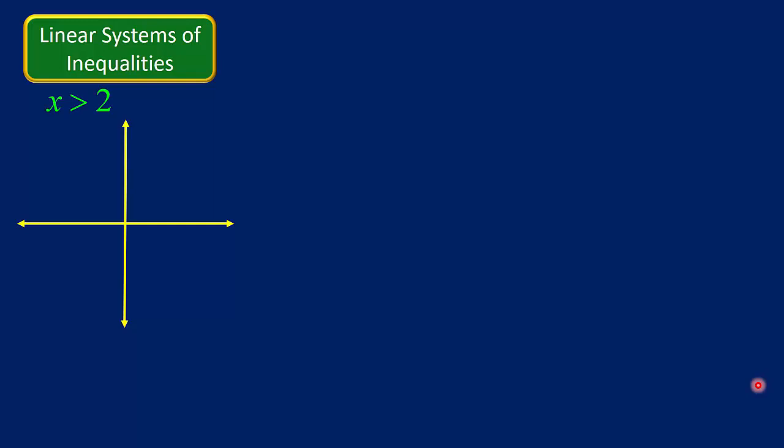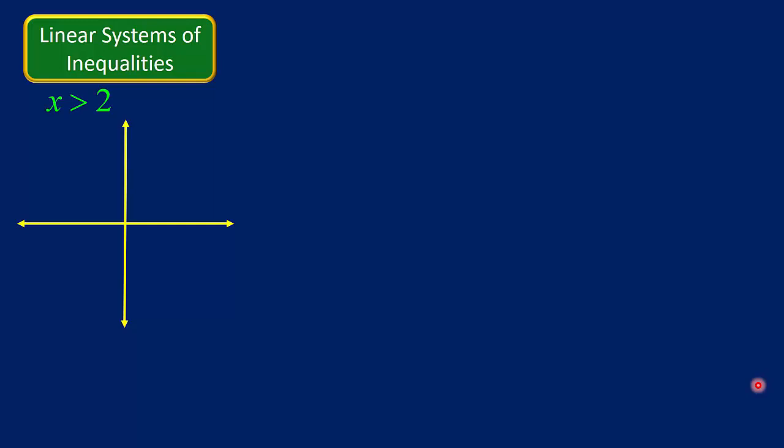Now, when we have x greater than 2, and we want to express the solution for that expression, if we are just working on the number line, like we did in elementary school, what we would do is put a circle around 2 and shade in to the right, a little shaded arrow to the right.